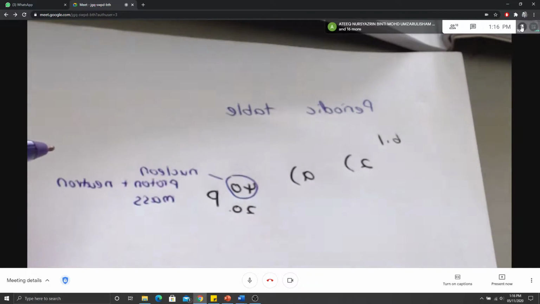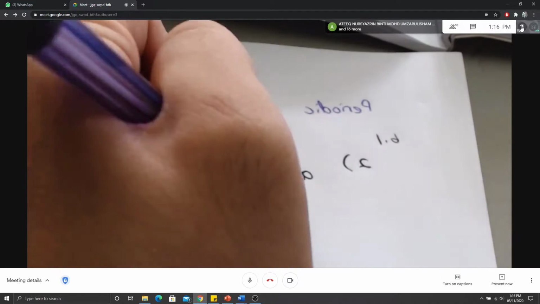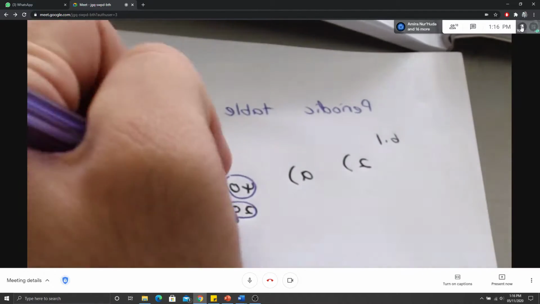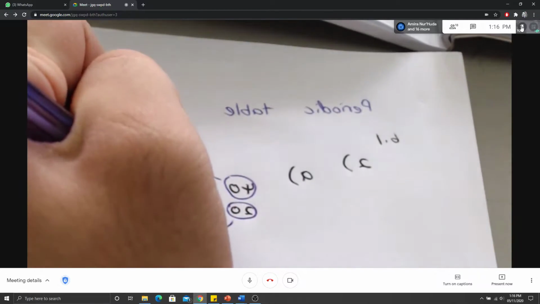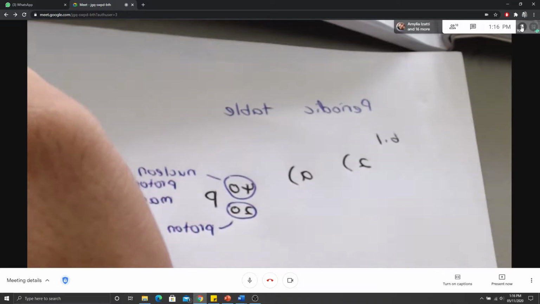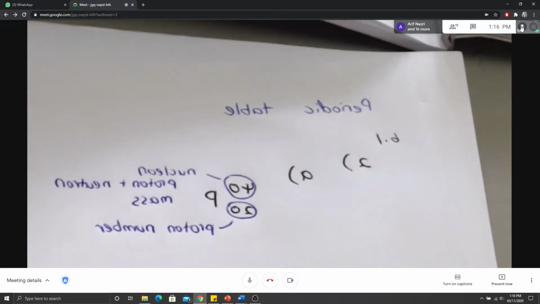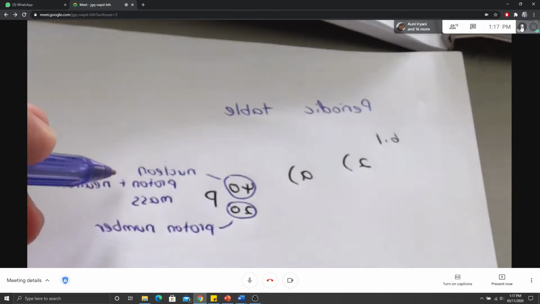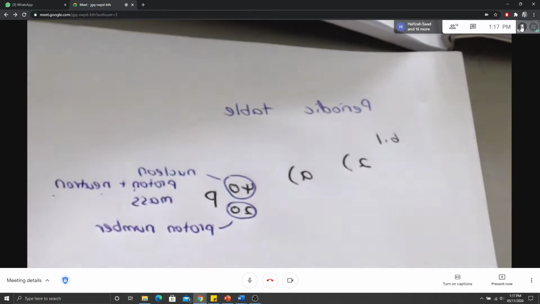Okay. If you want the electronic configuration, you always take from this, which is only the proton number. If you forget which one is on top and which is at the bottom, look: the proton number is always smaller than the nucleon number, because in the definition itself, the nucleon number is proton plus neutron.